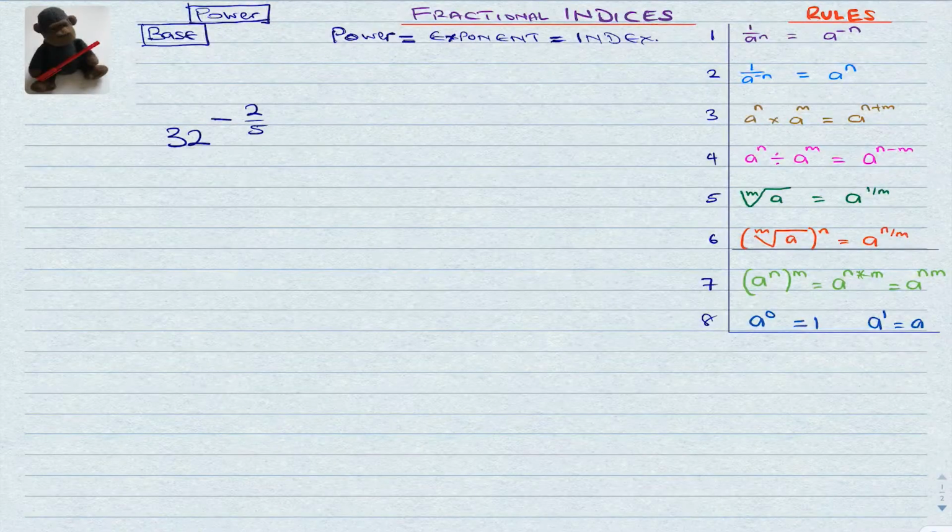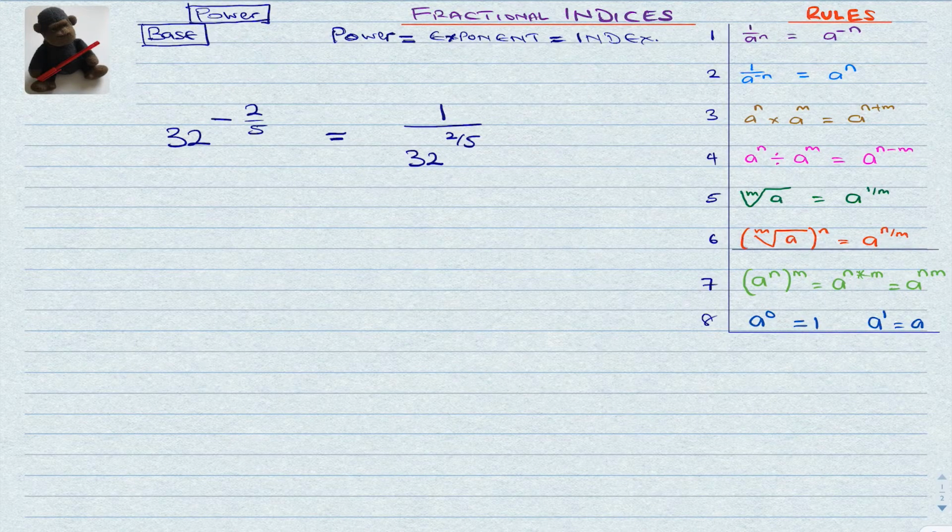Okay, let's try this one. Again, let's apply rule number 1. So that will be 1 over 32 to the power 2/5. That's what that is by applying rule number 1. So that's a negative power and a positive power. The clue is in the 5, always the denominator of the fraction.